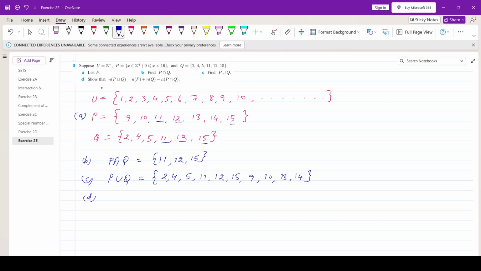Part D says, show that number of elements in P union Q is equal to number of elements in P plus number of elements in Q minus number of elements in P intersection Q. So let's write this equation first.